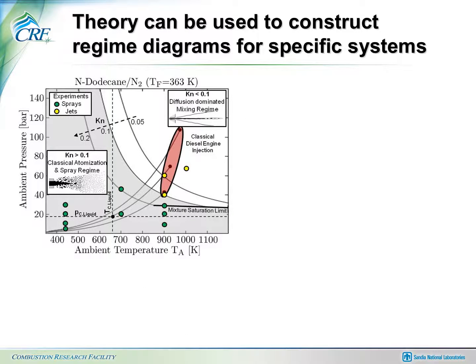But here I just want to round out this talk by saying this has also allowed us to help inform the experimentalists, here Lyle Pickett and his group, on interesting places to look to try to see if we understand when we have diffusive mixing and when we have classical sprays.